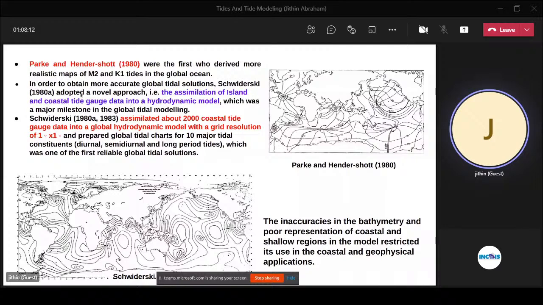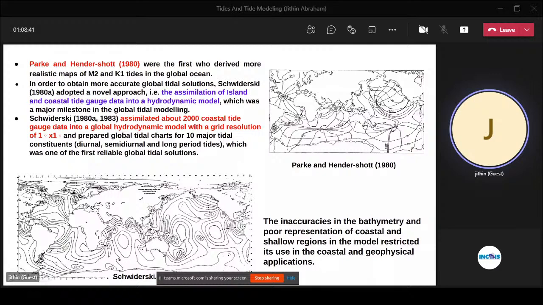In order to obtain more accurate tidal solutions, further research was done. One of these is Schwiderski in 1980, who adopted a novel approach: assimilation of island and coastal tide gauge data into the hydrodynamic model. It is data assimilation basically, which was a major milestone in global tidal modeling.